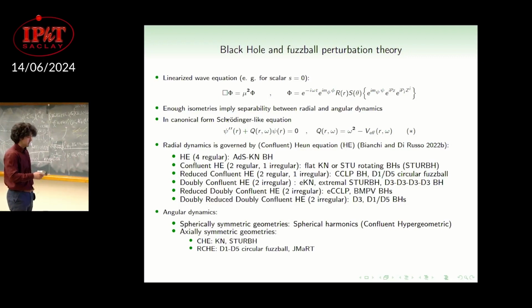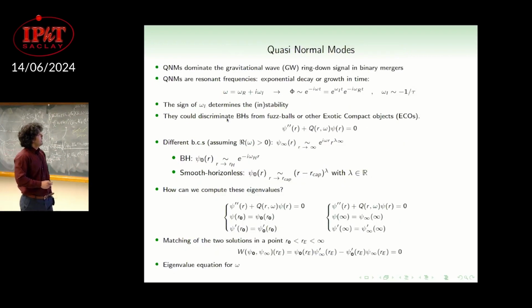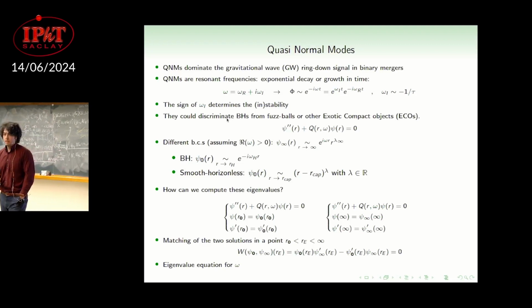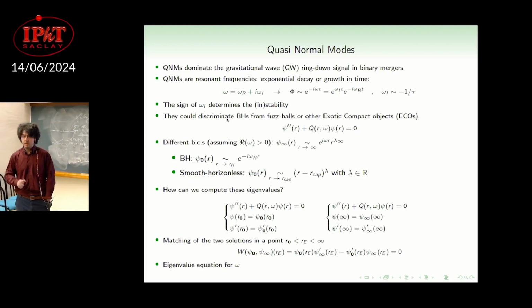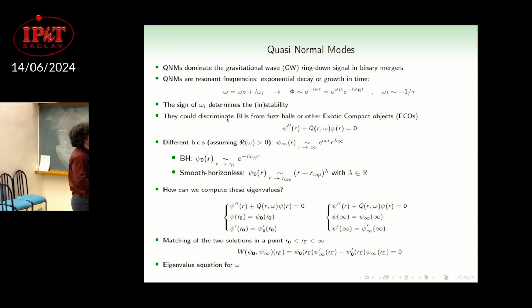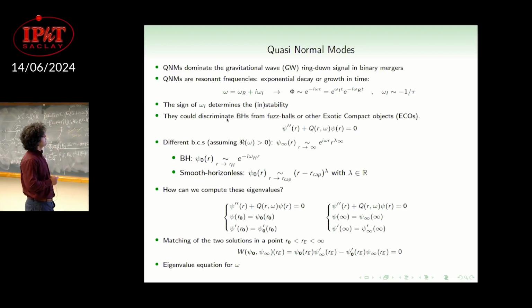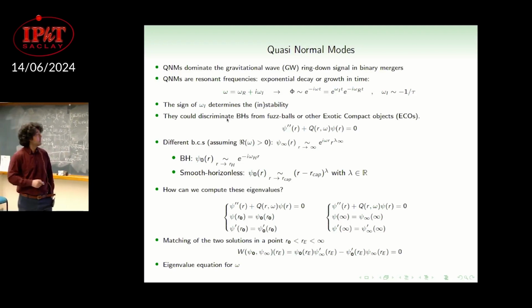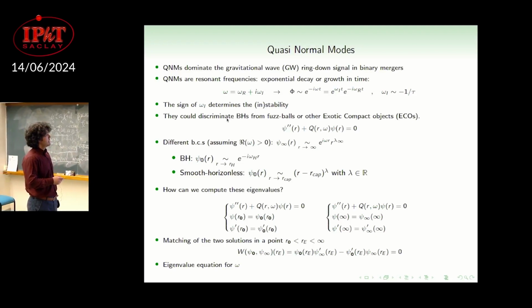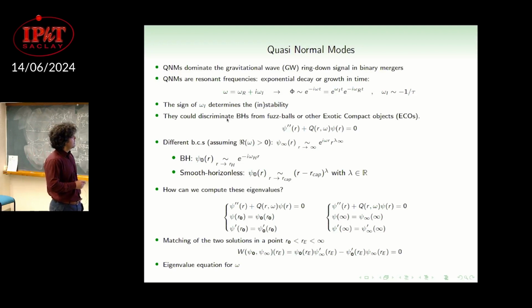What's the definition of quasi-normal modes? A quasi-normal mode is a resonant frequency, which means that it is a complex number. Probably the most important part of the quasi-normal mode is the imaginary part, because you know that this is the time dependence of the wave function, and the sign of the imaginary part is crucial.